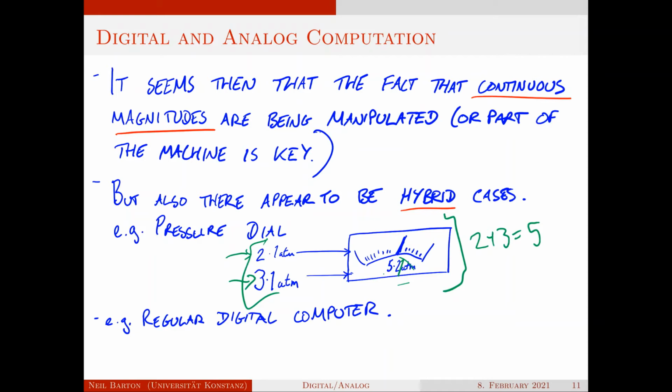And we could do a very similar thing with a regular digital computer, for instance, right? A regular digital computer is doing some computations on some relevant code, but there's also a bunch of resistors and so forth in it. And let's say we have a device attached to a particular resistor, and this is modeling the behavior of a spring or something like that.